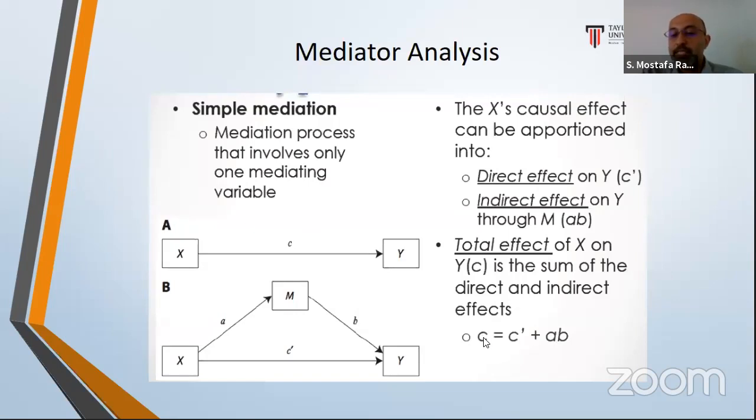So here you can see C equals C prime plus AB. And this AB we call the indirect effect. And C prime is the direct effect after inclusion of mediator. And C is the total effect. So this is a mathematical representation for mediation when we include mediator in our framework.